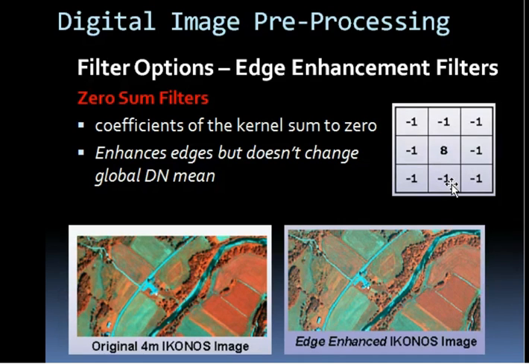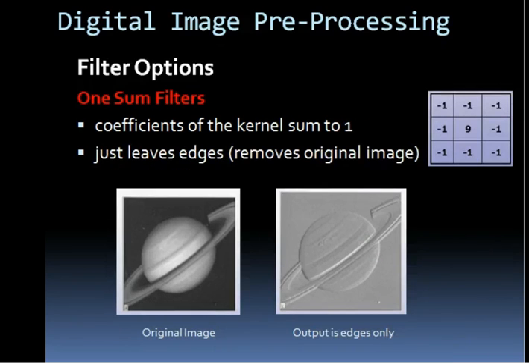So it doesn't change our global histogram. This type of filter does help us identify edges a little more clearly. For example, look at the edges for this field here and how easy that is to see compared to over here. But it doesn't change the overall histogram. It's really amazing how changing things just a little can make such a difference in your image.